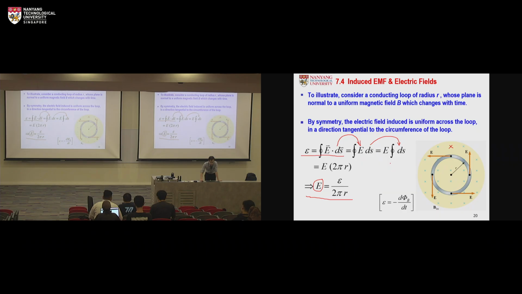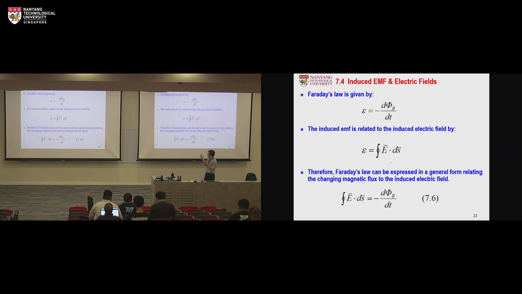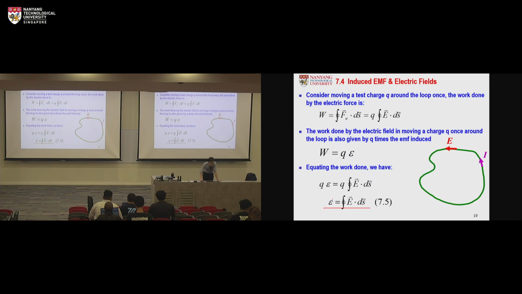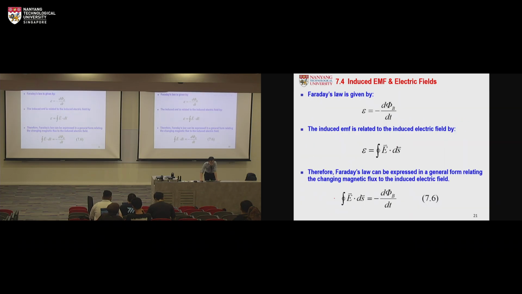If we try to build up the relation between the induced E and the magnetic flux Φ_B, then we need one more step: write down this induced EMF based on its definition. That is the very first formula we introduced, the formula for any kind of induced EMF.